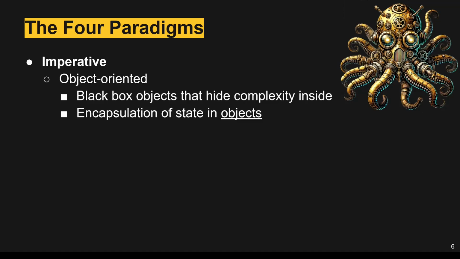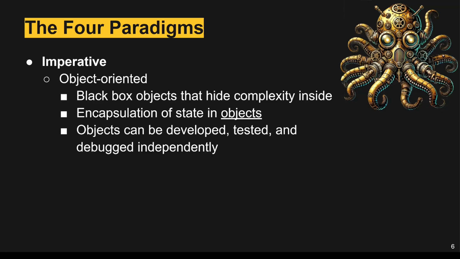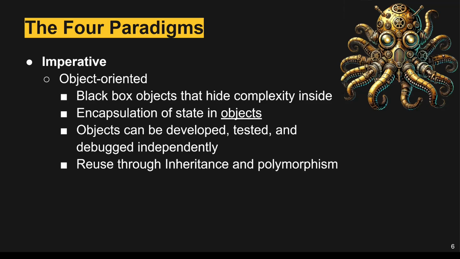The state of the program is typically encapsulated within these objects. So inside of the objects, they're also hiding the state of the program. And these objects are independent enough that they can be developed, tested, and debugged independently. Last, object-oriented gives us this capability to reuse code through both inheritance and polymorphism. Examples include C++, Java, C#, and Rust.